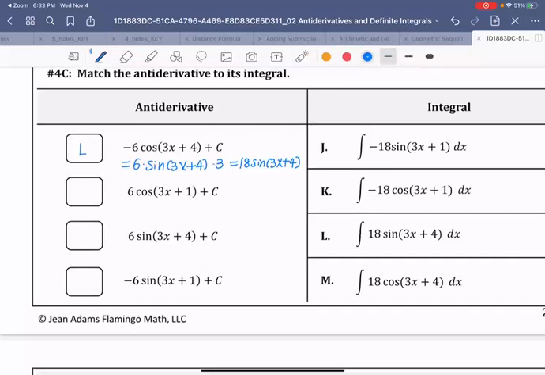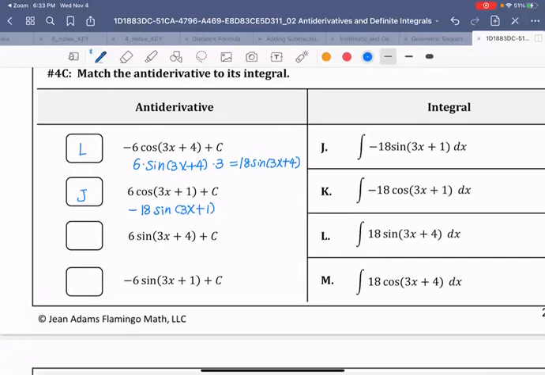Negative 6 sine 3x plus 1 times 3. So it's negative 6 times 3, so it's 18, and then sine 3x plus 1, okay? Which is J. Good.